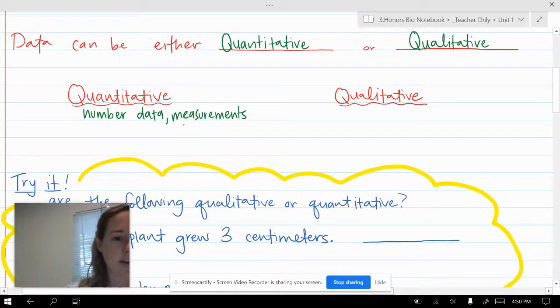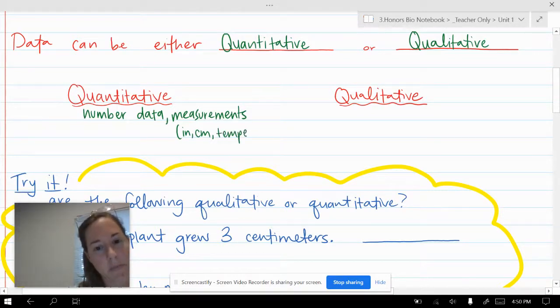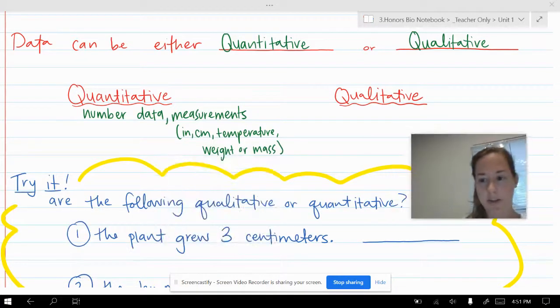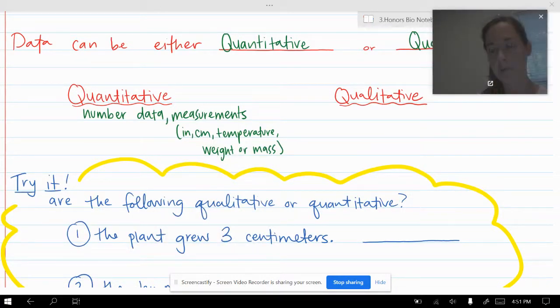So it will be things like inches. In science, we usually use centimeters, meters, temperature, weight, or mass, or the number of, when we do our experiment this week, it'll be the number of ants that show up to your food choices.